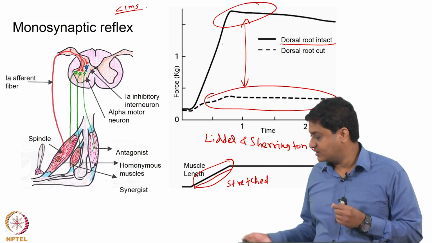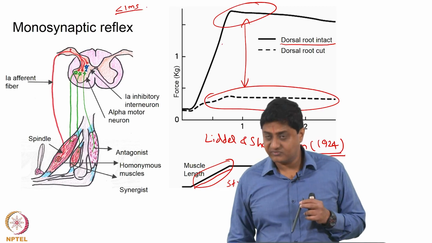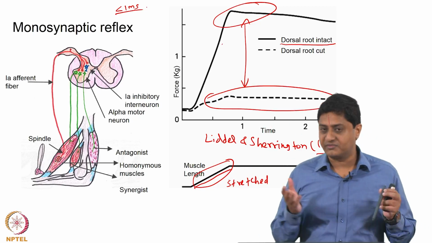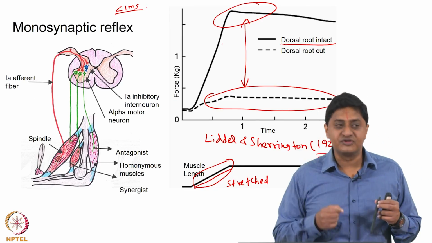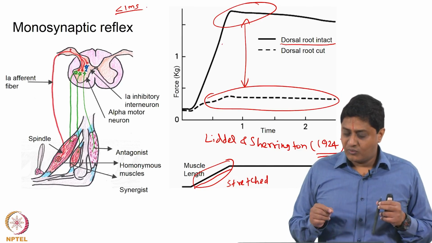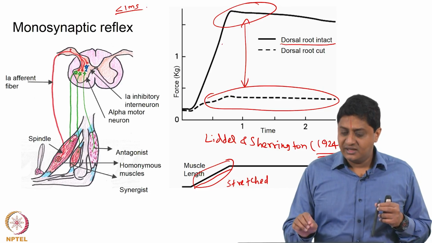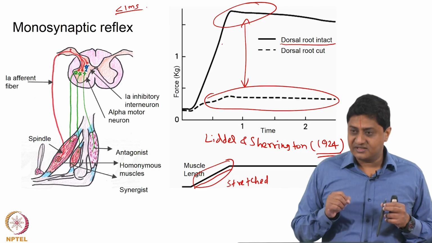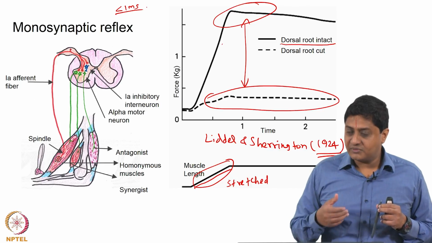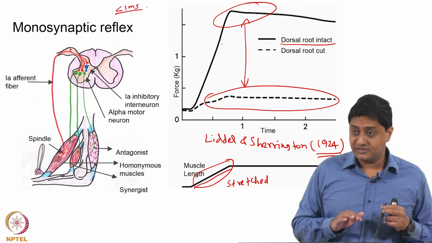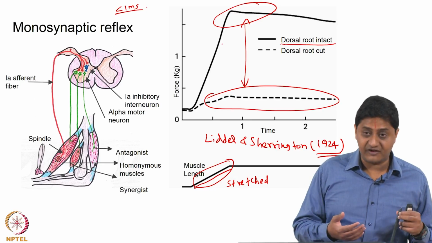Say I am walking, and there is a nail, and I am not wearing footwear, I am at home or whatever, I am walking, there is a painful stimulus, right. What happens is that immediately I withdraw the leg by flexing at the knee, but that means the extensors are inhibited, flexors are activated.